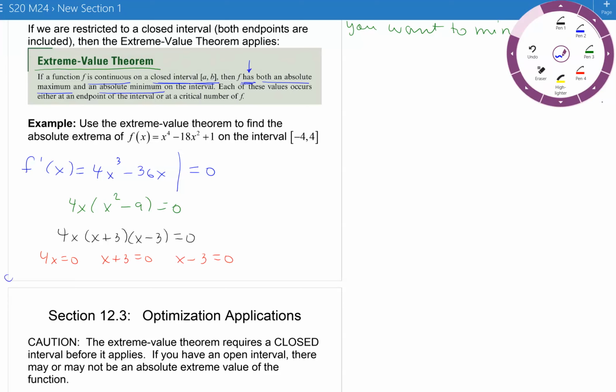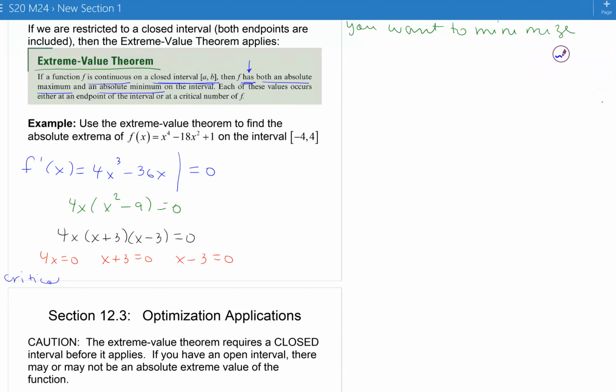And that's going to give me my three critical values of 0, -3, and 3. And then I just check to make sure that these are all in my closed interval of -4 to 4. So if -4 is here on the number line and 4 is here, my critical values are -3, 0, and 3.